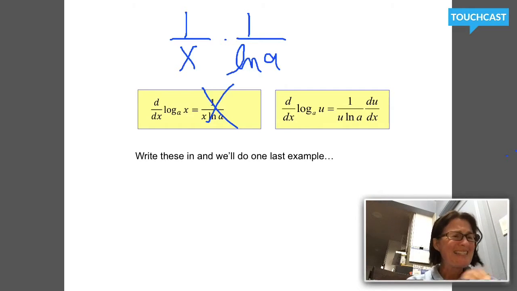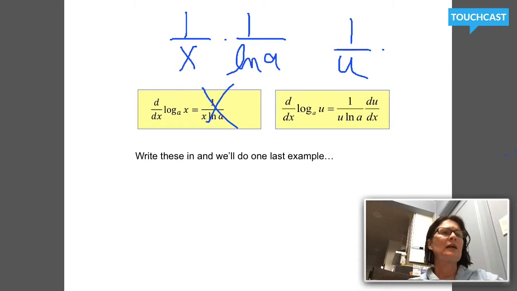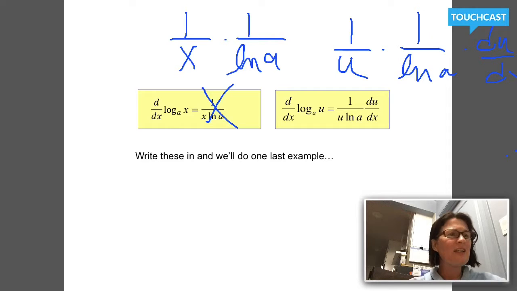And if I want to write that same rule, but using the chain rule, the derivative with respect to x is 1 over u times 1 over the natural log of a times du dx. So feel free to use either version, the one that's printed here on the screen or this one that I've written in.